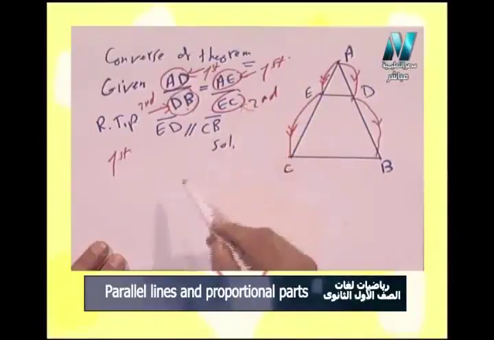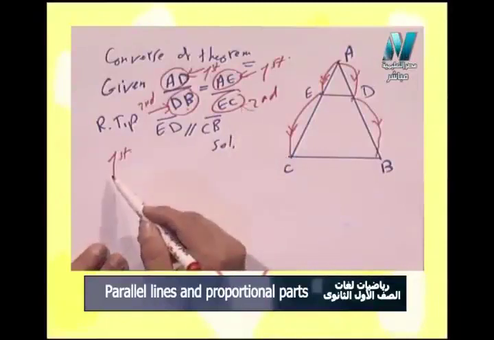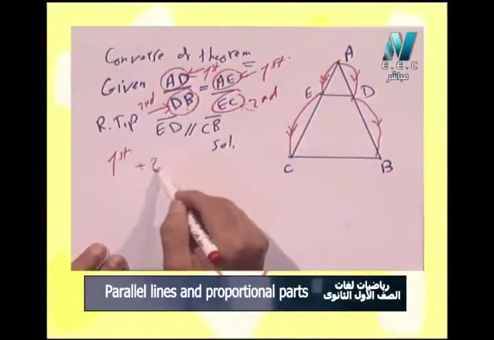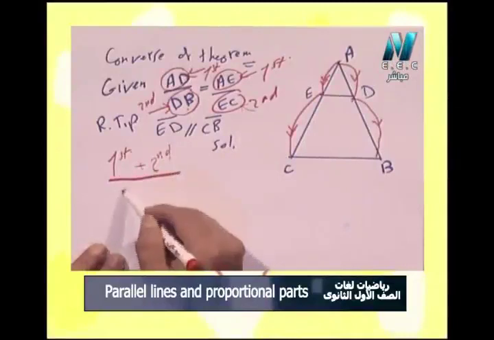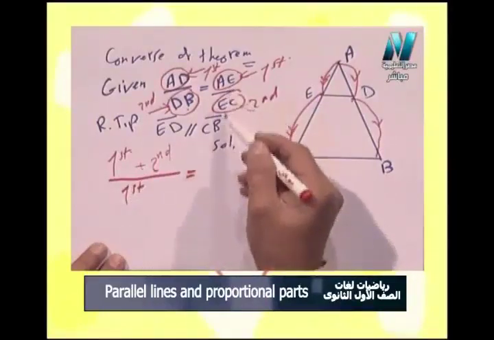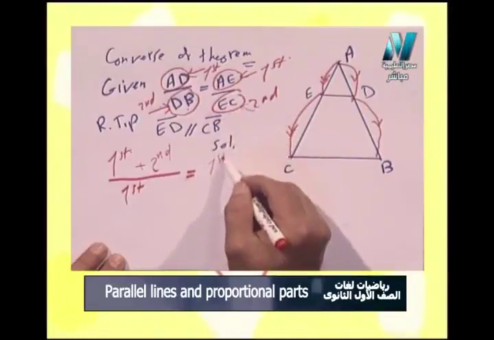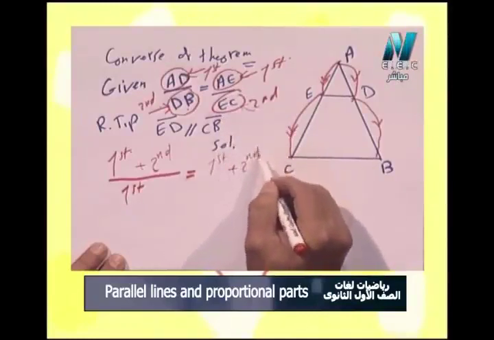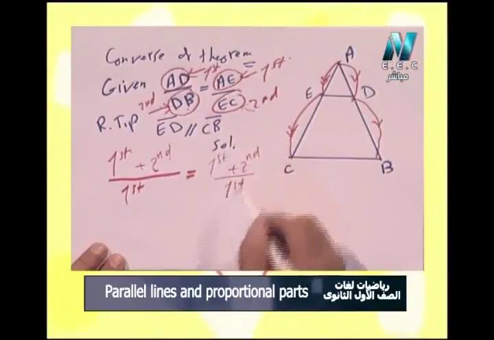From the ratio properties, we can write (first plus second term) over first term. It will be equal, from the other ratio, to first term plus second term over first term.